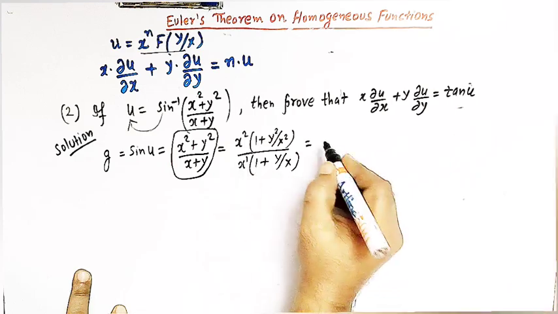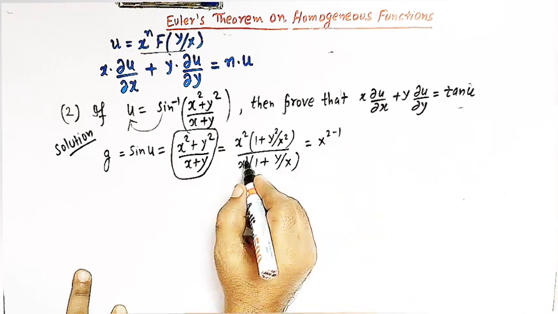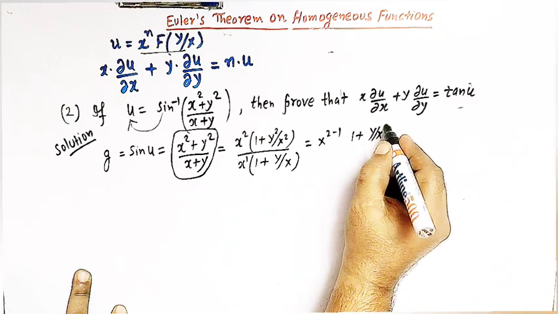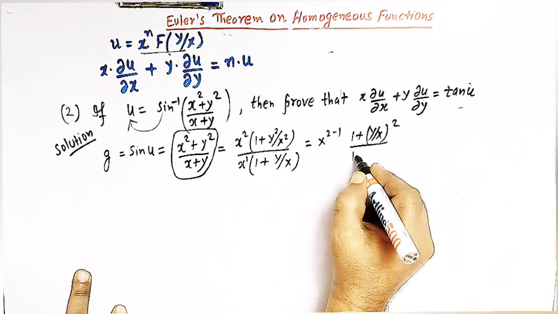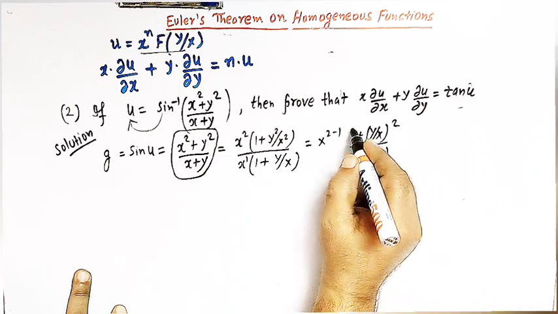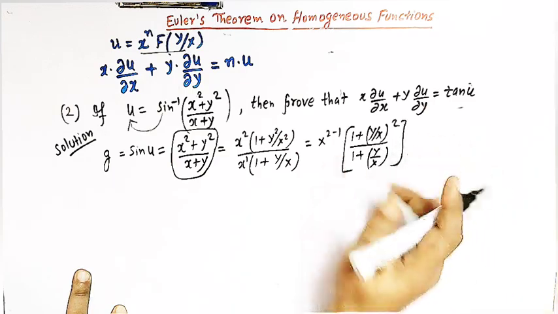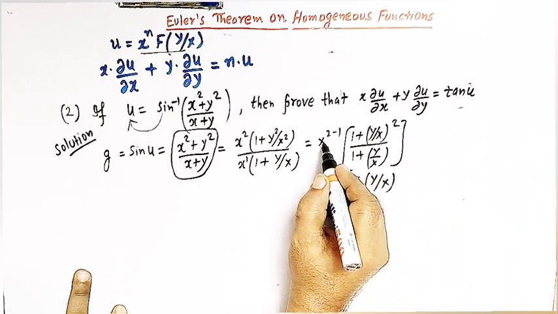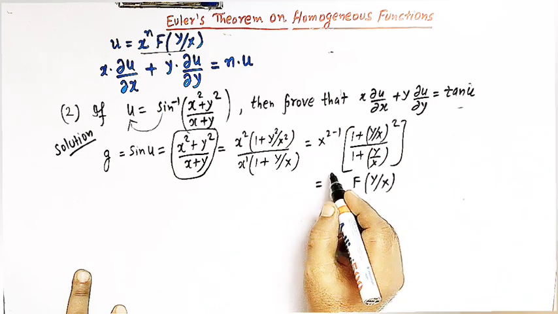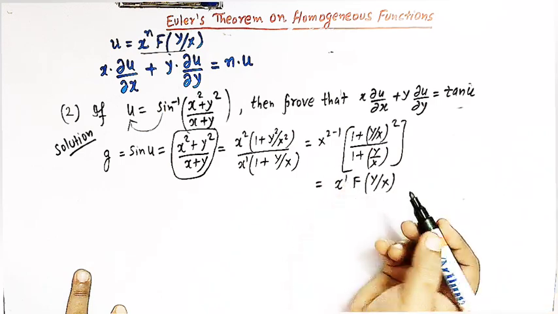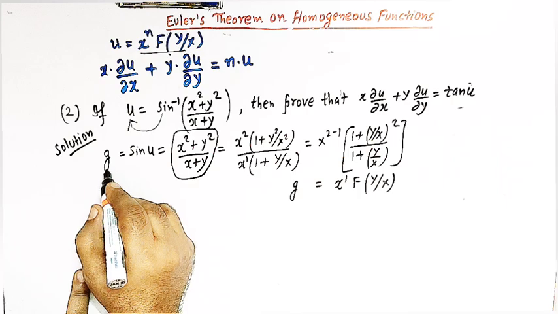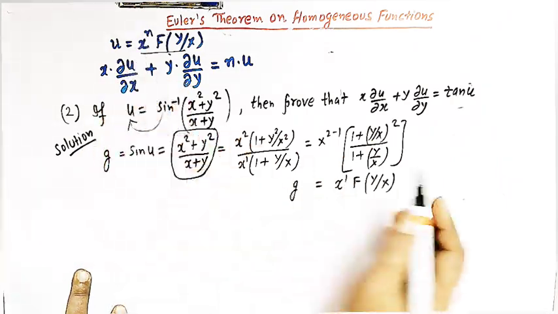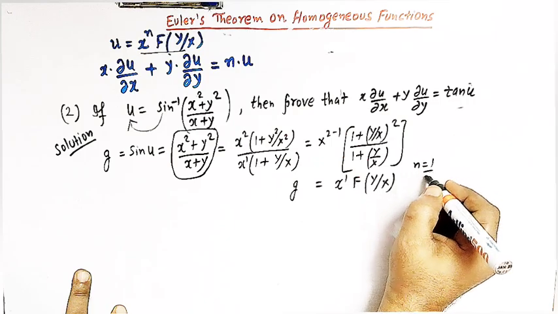So here we have x raised to 2 minus 1, and then we have 1 plus y over x whole square, and here we have 1 plus y over x, and this is a function of y over x, and here x raised to 2 minus 1 is 1, so we have x, right? So this shows that our function g is a homogeneous function of degree 1. So we have n is equal to 1.